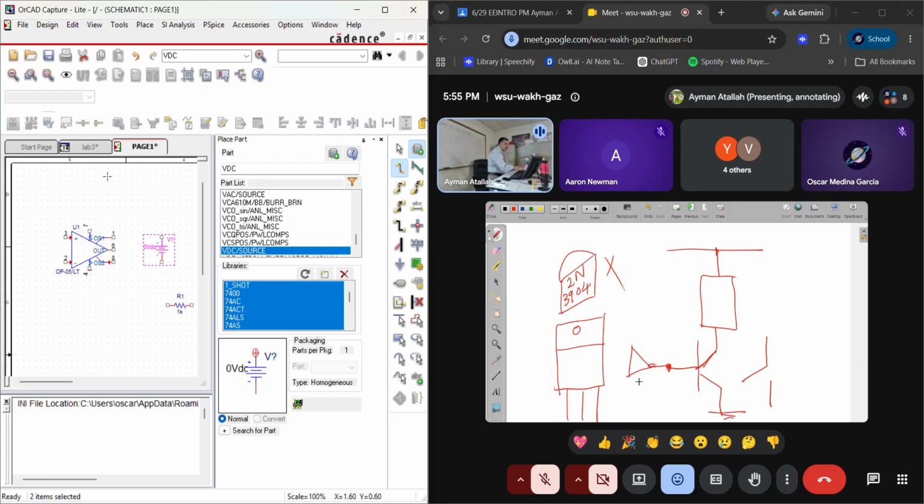The output from the operational amplifier will close or open this switch, so the operational amplifier only controls turning the motor on or off.